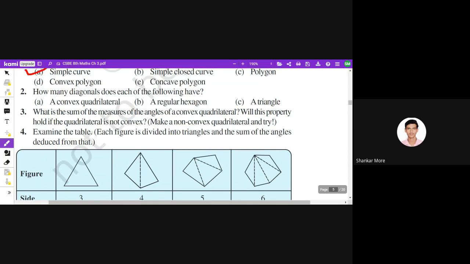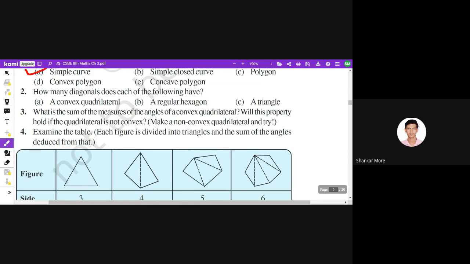Now I need to draw a concave quadrilateral. Okay, so my first question is, is it possible to draw a concave quadrilateral? After that, we could draw it if it is possible. Yeah, it is possible to draw a concave quadrilateral, that we have already seen, students. Correct.